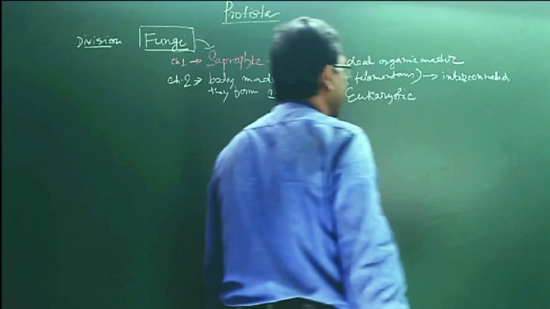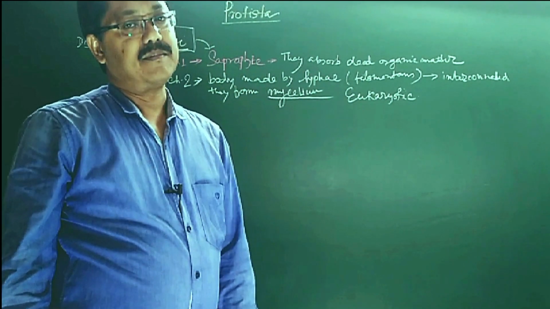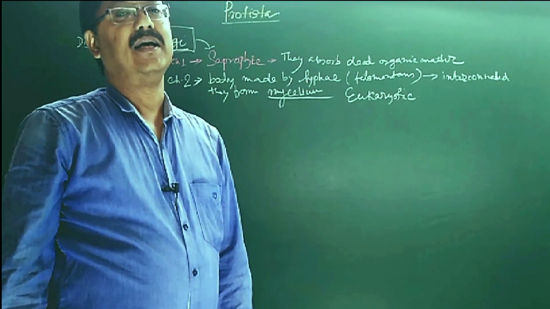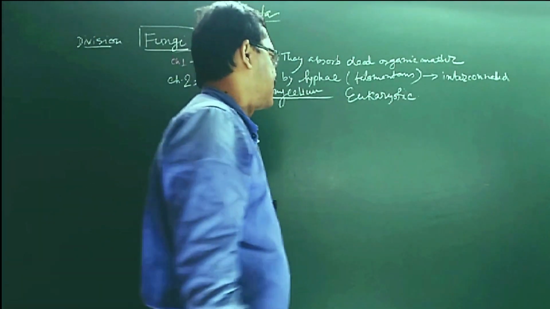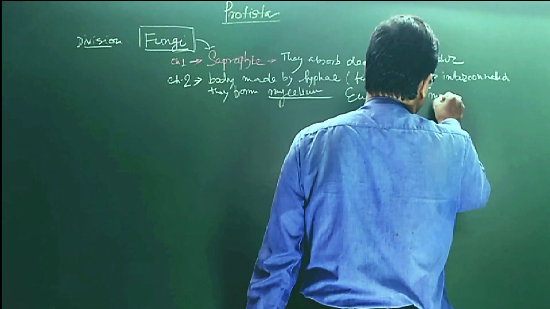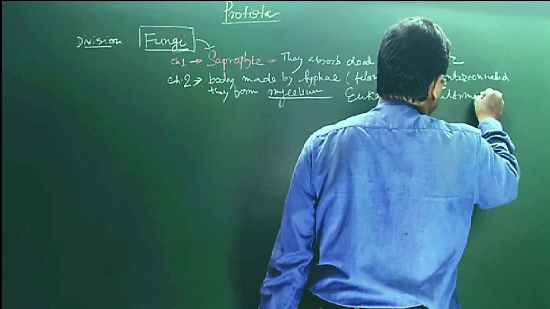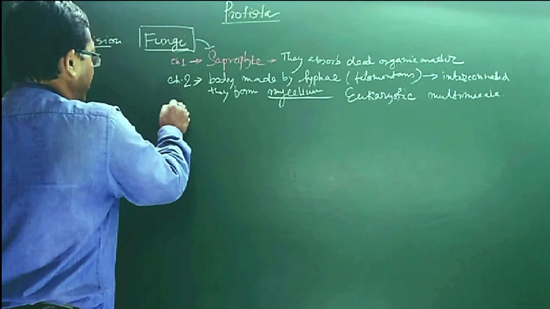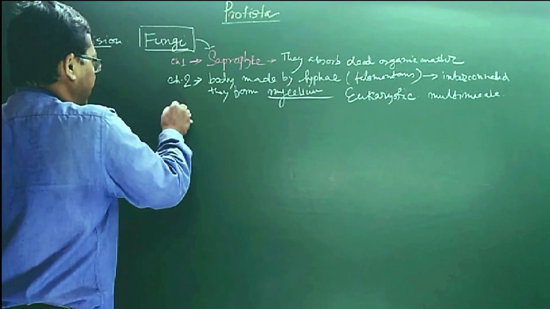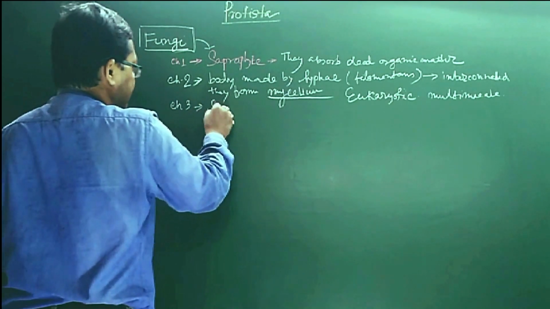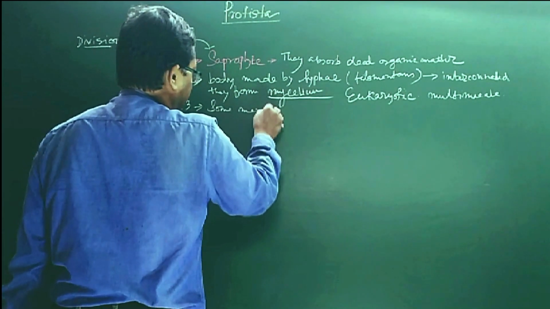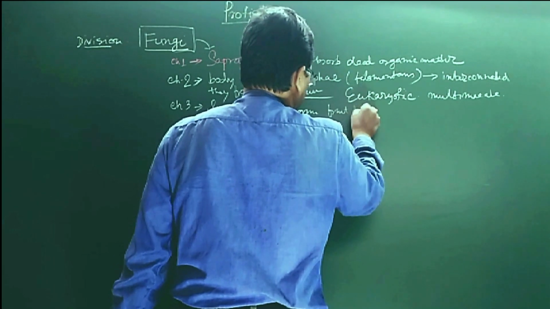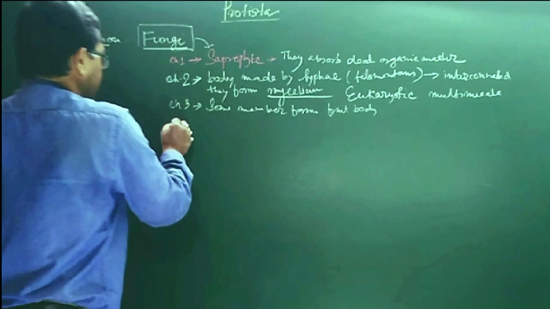Sometimes the hyphae become aseptate, and in this condition they contain many nuclei, multinucleate, in some members, a multinucleate filamentous body. Some members form fruit bodies.